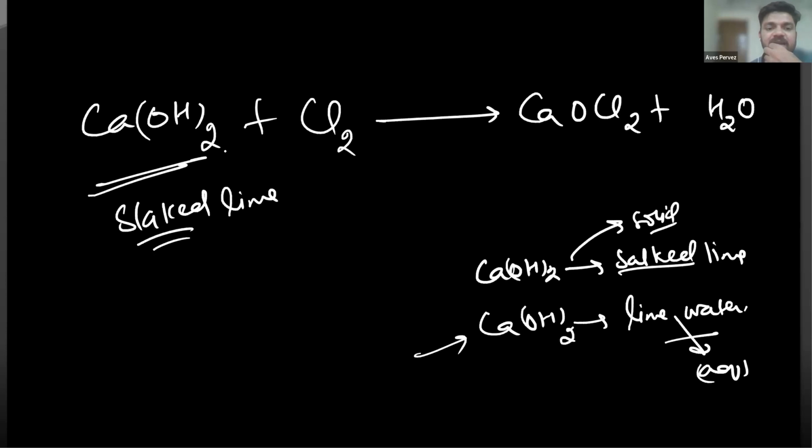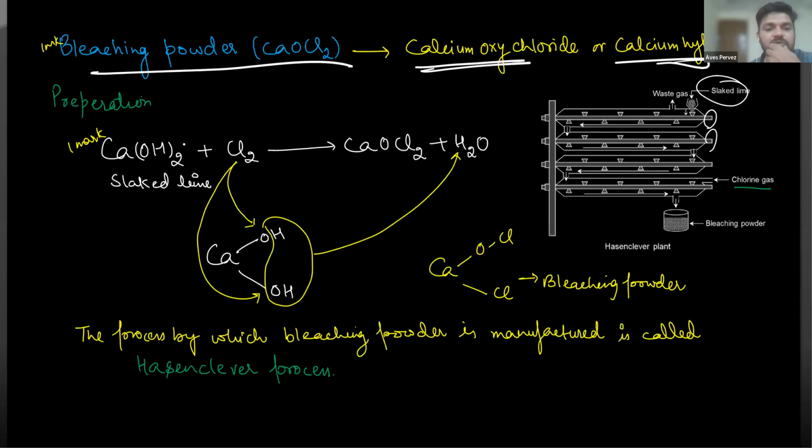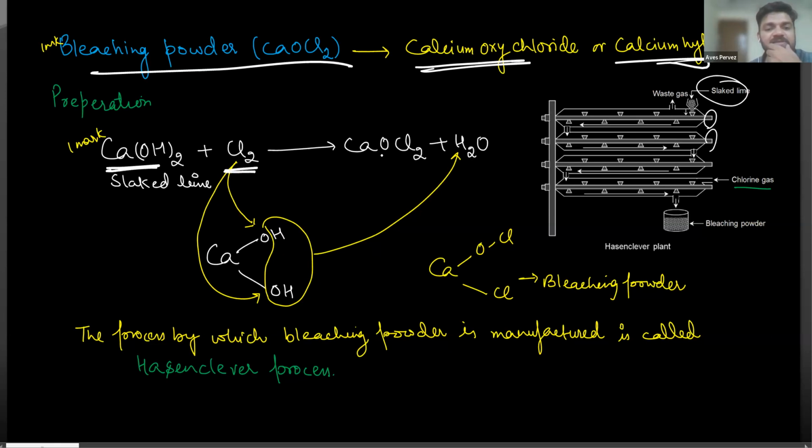So when slaked lime is passed with chlorine gas, it forms calcium oxychloride, that is bleaching powder, and water, okay? You understood? Yes, sir. So during the preparation, slaked lime reacts with chlorine gas to form calcium oxychloride plus water.